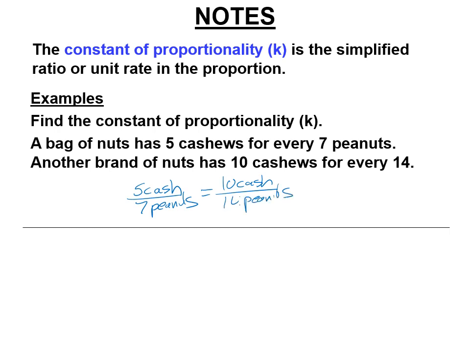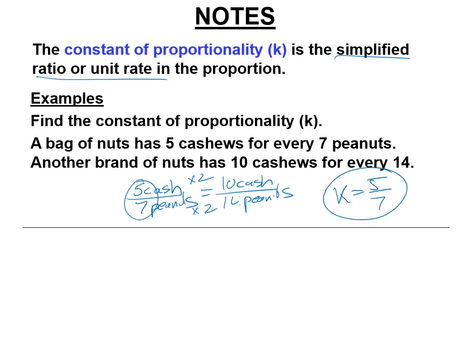All right, is that proportional? Yeah, 5 times 2 is 10. If it's proportional, we can find something called the constant of proportionality. It's the simplified ratio or rate. Which one is simplified? 5/7. So we would say K is 5/7. 5 cashews to 7 peanuts.